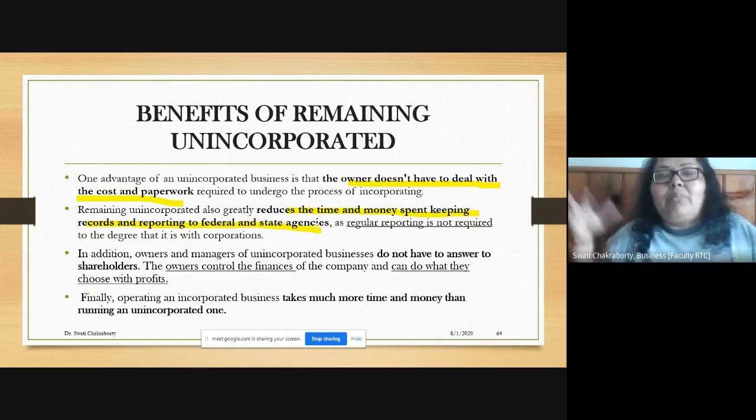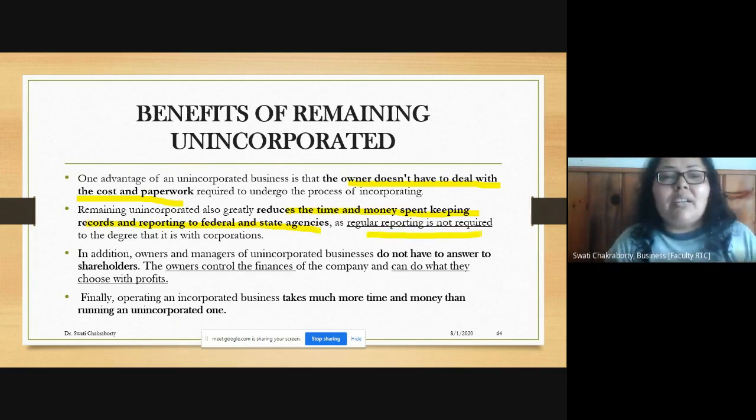Less time maintaining the records and reporting to the agencies. Regular reporting is not required. You do not have to answer to shareholders, right? The owners control the finances of the company and can do whatever they want with the profits, right?